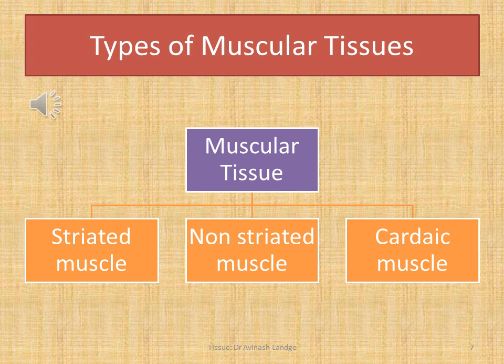Let us see one by one what these different types of tissues are with the help of diagrams, how they look and what their properties are. So striated muscles, non-striated muscles and cardiac muscles, three types. Do remember this.